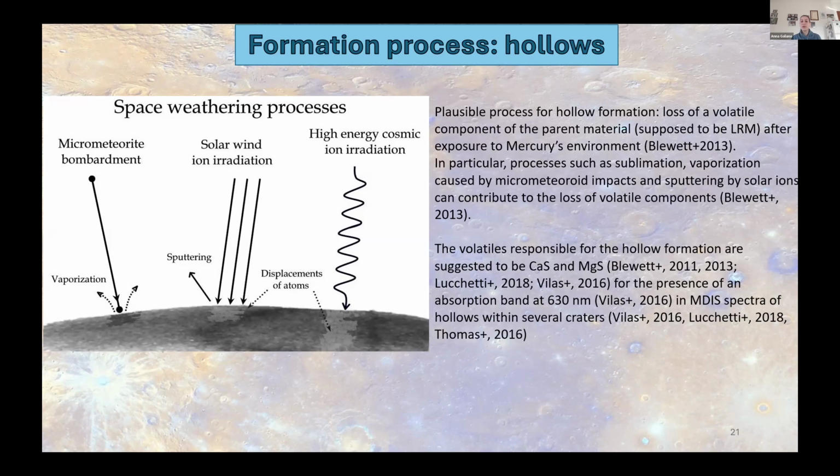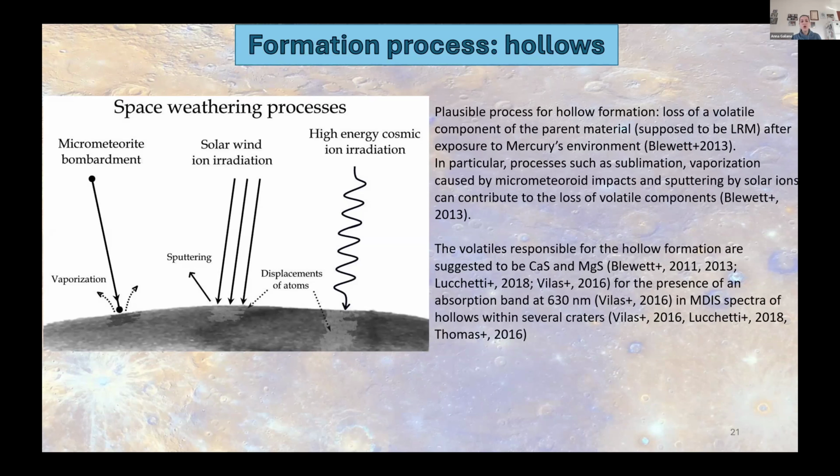by means of the vaporization process, for example, where the micrometeoritic bombardment can produce a sort of layer on the particles. And this layer can include the volatiles that can then be exposed to the surface and so are lost. Also, the solar wind irradiation can be responsible for sputtering.